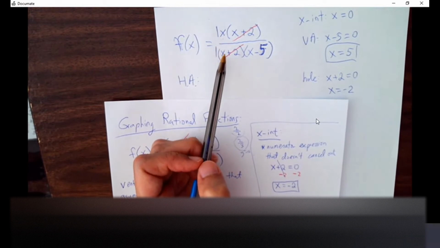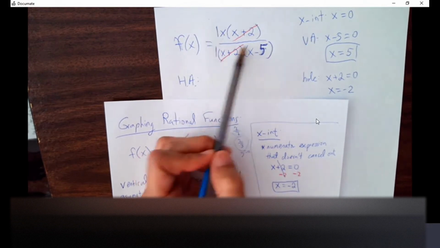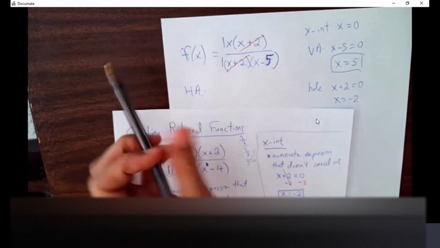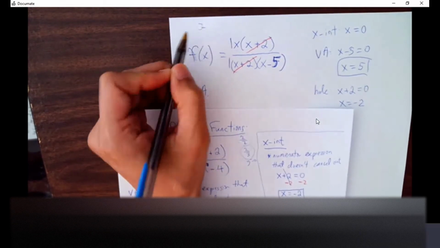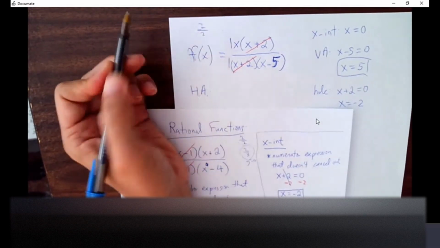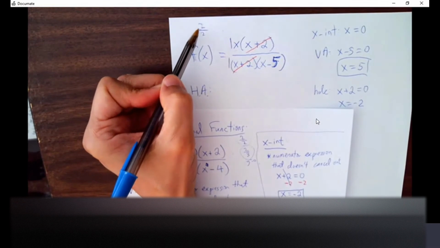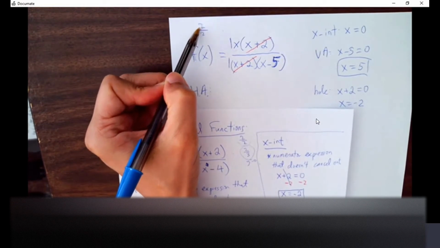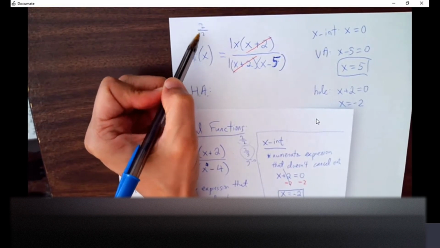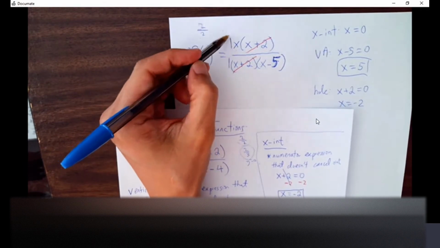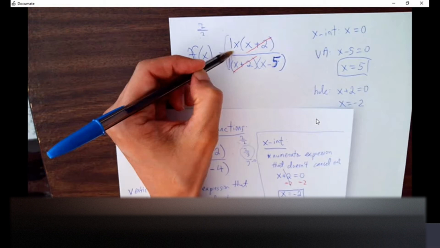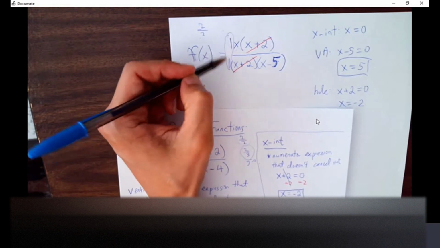X's. 4. How many do we have up top? 2. How many do we have below? 2. Okay, are they the same? If I have the same number of x's above and below, then my horizontal asymptote is just the fraction of the numbers in front.